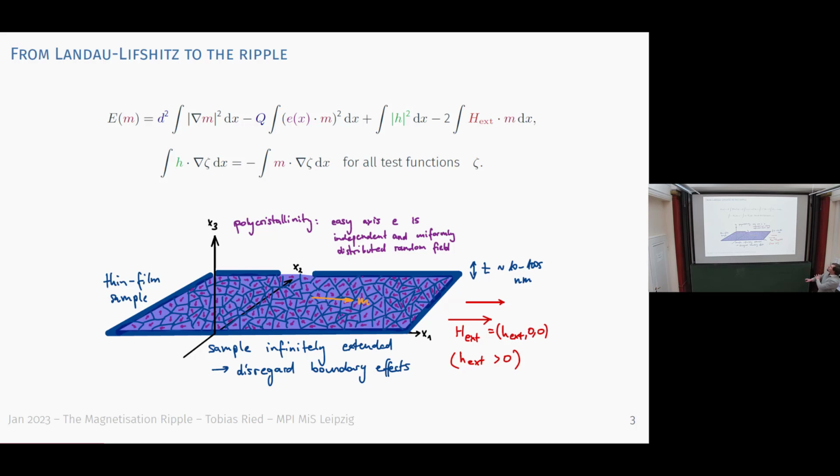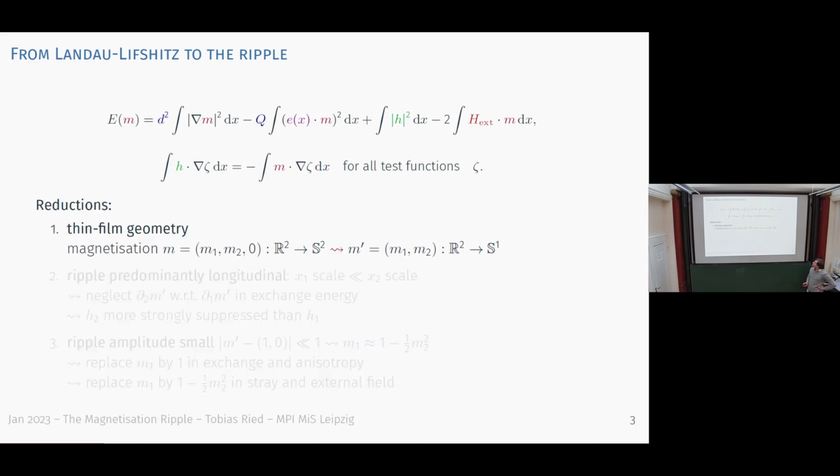With this sketch of the geometry in mind, let me do some reductions that lead to the effective energy that I want to study. First of all, working in a thin film geometry, we can assume that the magnetization is only an in-plane magnetization. So it only has components m1, m2, which live on the plane.